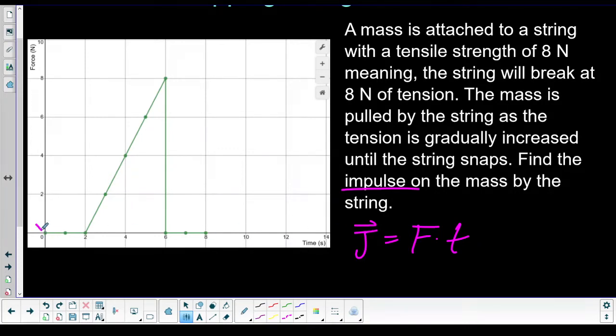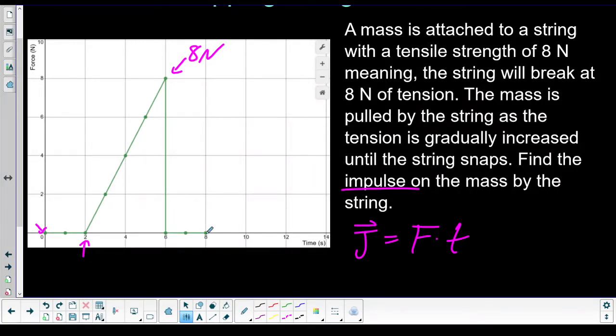So it starts at 0. At 2 seconds, it starts increasing linearly up to 8 newtons of force. And then at 8 newtons of force, because we've hit the tensile strength of our string, the string snaps. And if the string snaps, it's not applying any more force. So it just drops down to 0 immediately.